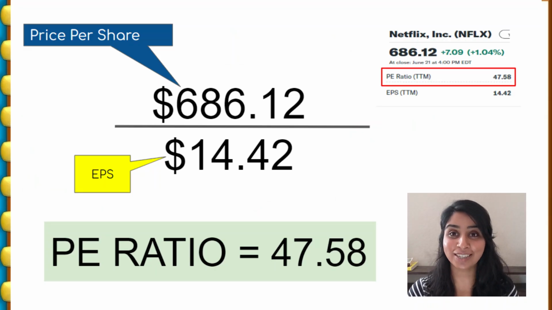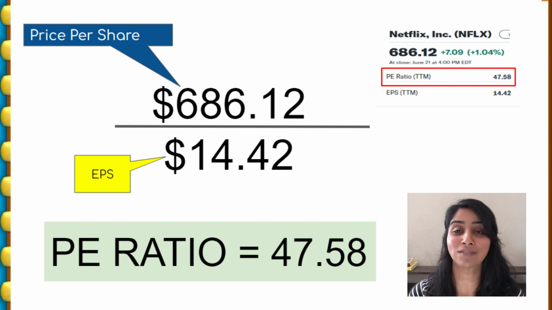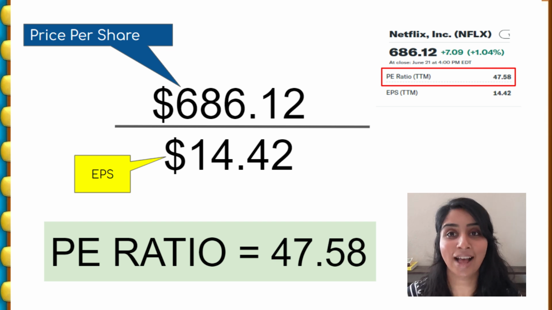If we stick with our Netflix example, the stock price was $686.12 and the EPS was 14.42. So we take $686.12 and divide it by 14.42, and you get 47.58, which is the PE ratio at the time of closing when I'm making this video.